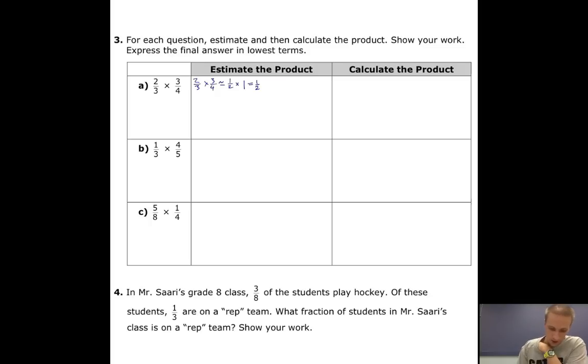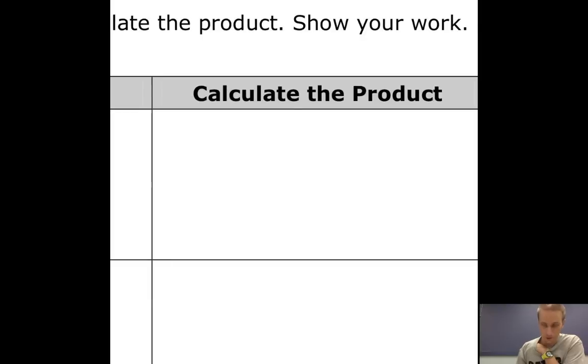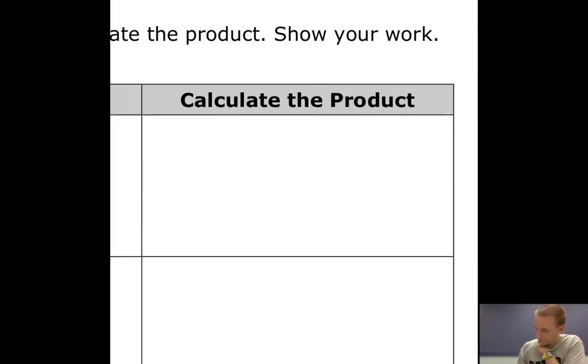Now to do the calculate version of this, and let me just zoom in on this a little bit more so it's a little bit easier for you to see. We're doing 2/3 times 3/4. Okay, so 2/3 times 3/4.